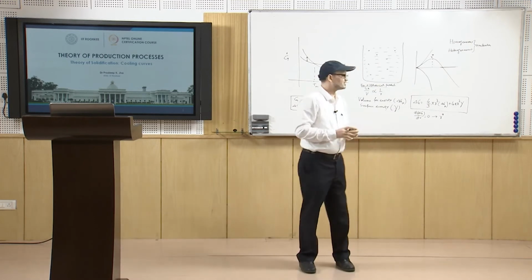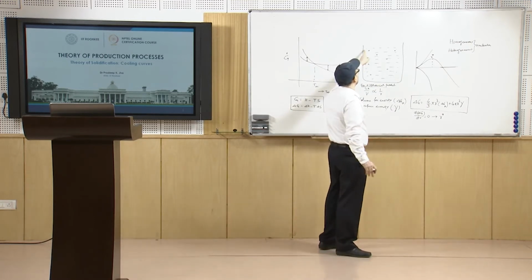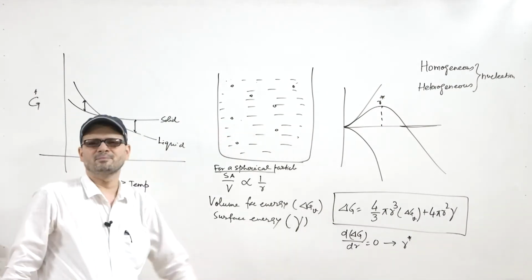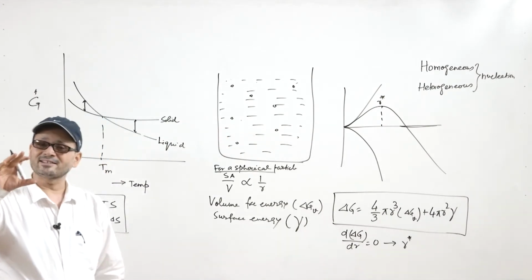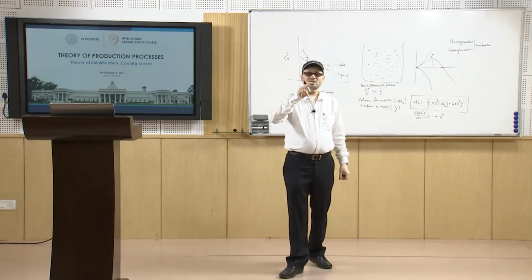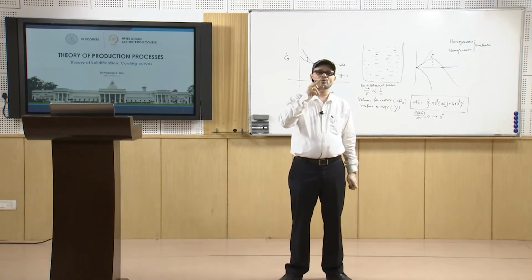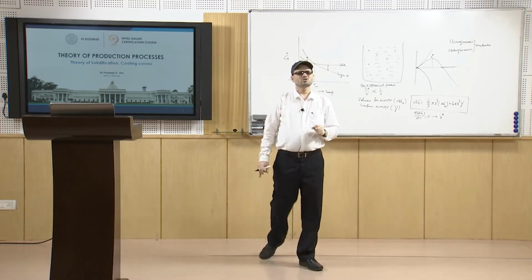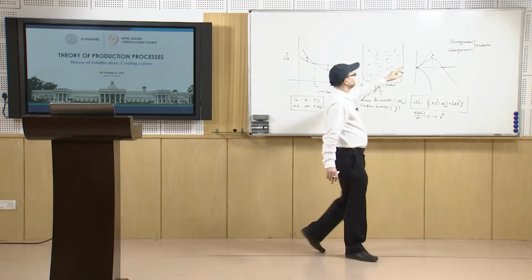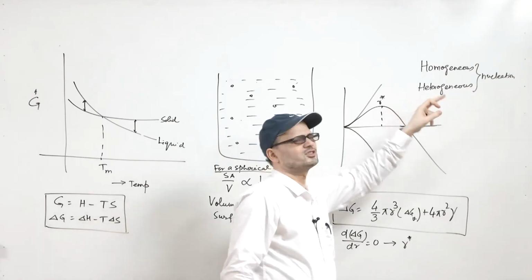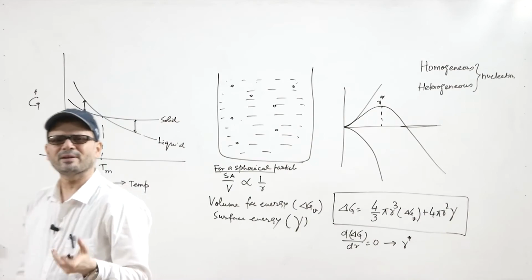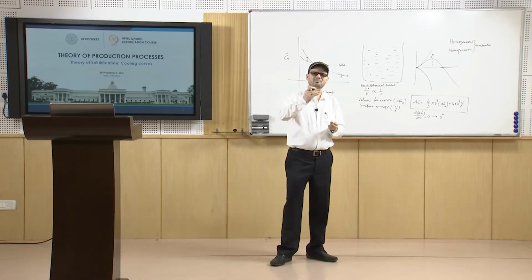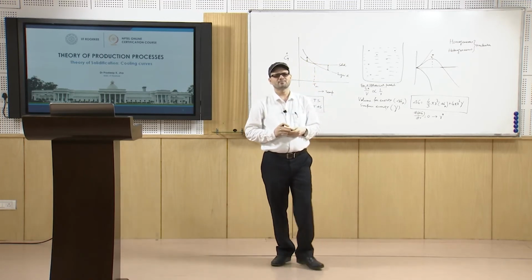So, if the walls have rough surfaces or if you have some foreign elements inside, they act as preferred locations from where nucleation can start. So, in heterogeneous nucleation, the undercooling requirement is less. Undercooling means by what degree you are decreasing the temperature.